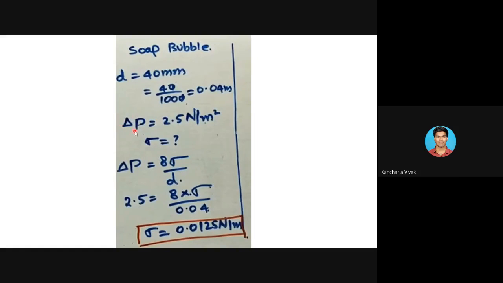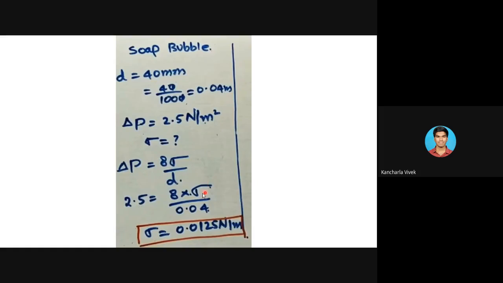So change in pressure is specified, so we need not separately worry about calculating P1 and P2. So the formula is change in pressure equals 8 times surface tension acting over the D. So we substitute. D we have already converted from millimeter to meters, so 0.04, since 1 meter equals 1000 mm, right?